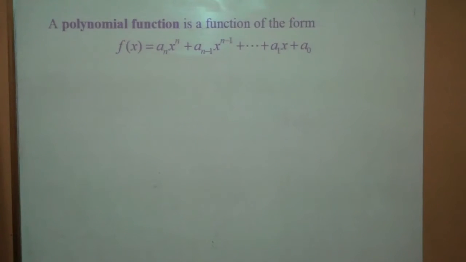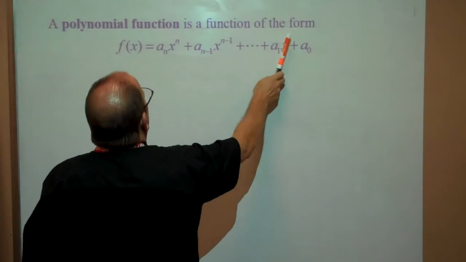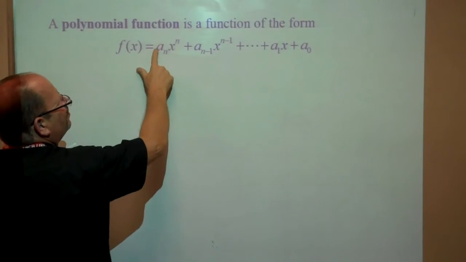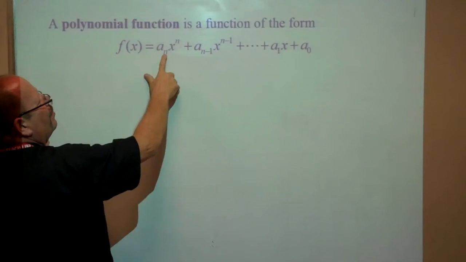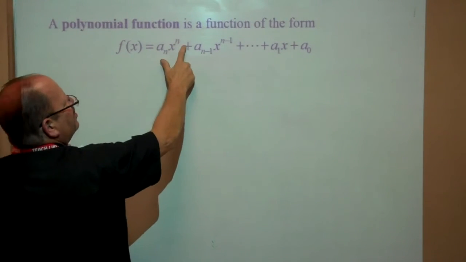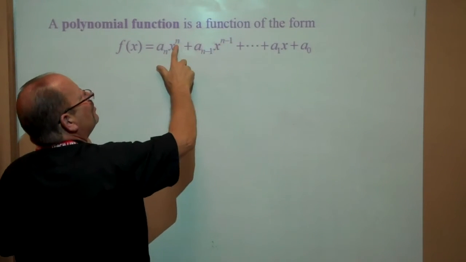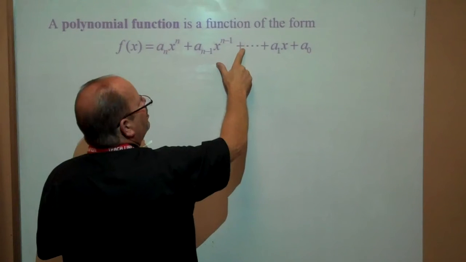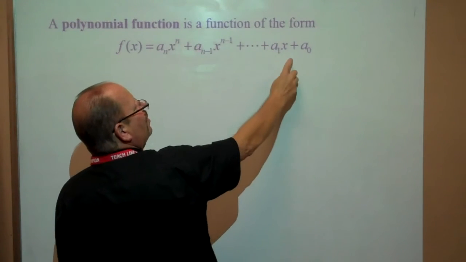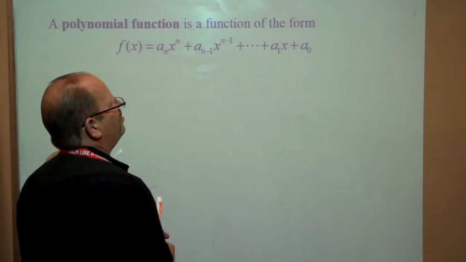So the definition of a polynomial function is a function in the form f of x equals some lead coefficient, some number times x to some power, plus some other number times x to a power lower than that, plus some number times x to the first, plus some constant.